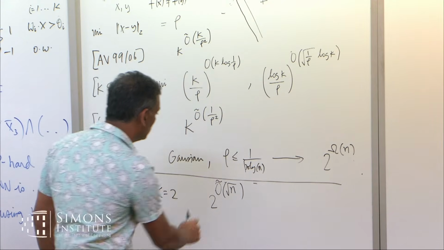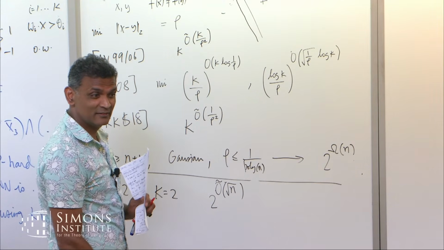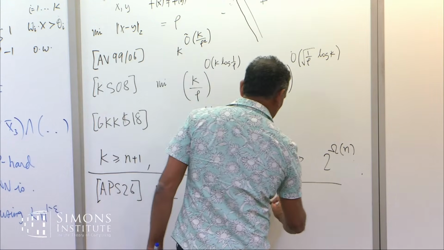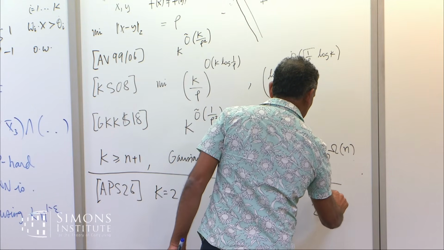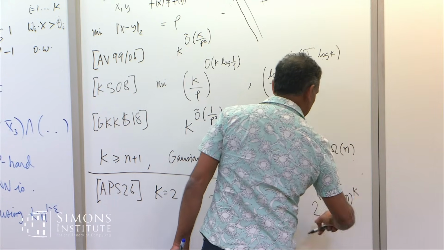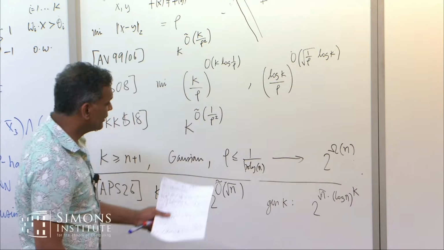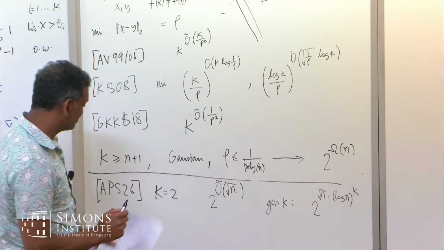Okay, so there are some log factors, but it's not 2 to the n, it's 2 to the square root n. And for general k, it is 2 to the root n times log n to the k. So it's doubly exponential in k, but for any fixed k, it's O tilde root n in the exponent. Great.